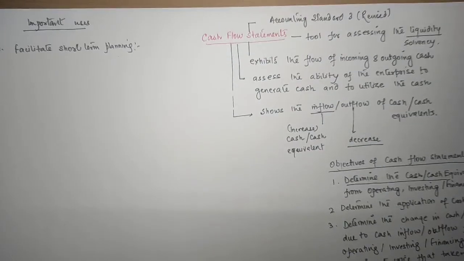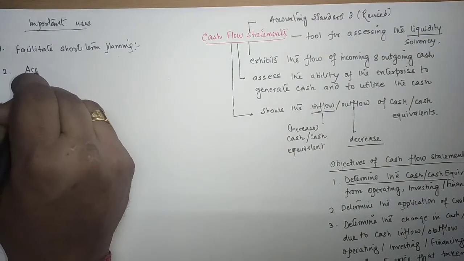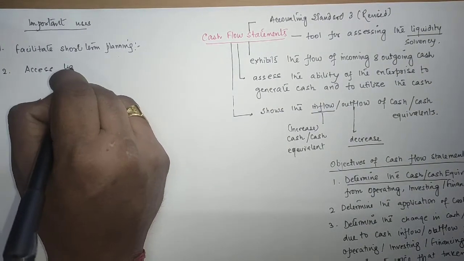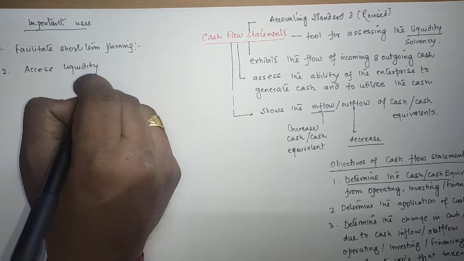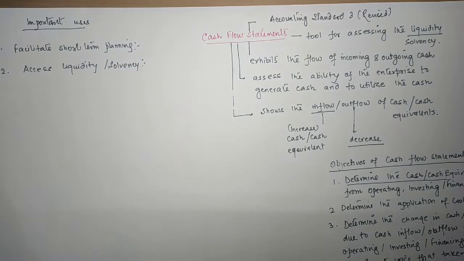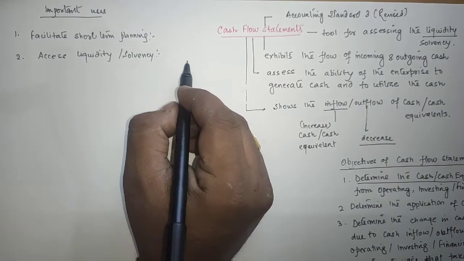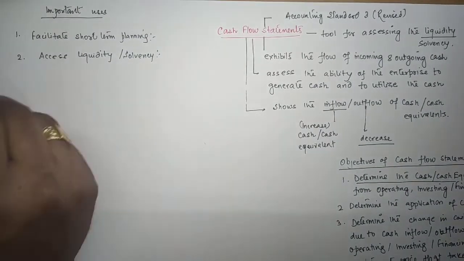It helps in planning investment and assessing the financial requirement of the enterprise based on the information provided in the cash flow statement about the sources and application of cash and cash equivalent. Second, it helps to assess liquidity and solvency. It helps to identify the ability of the enterprise to meet its liabilities at a time.